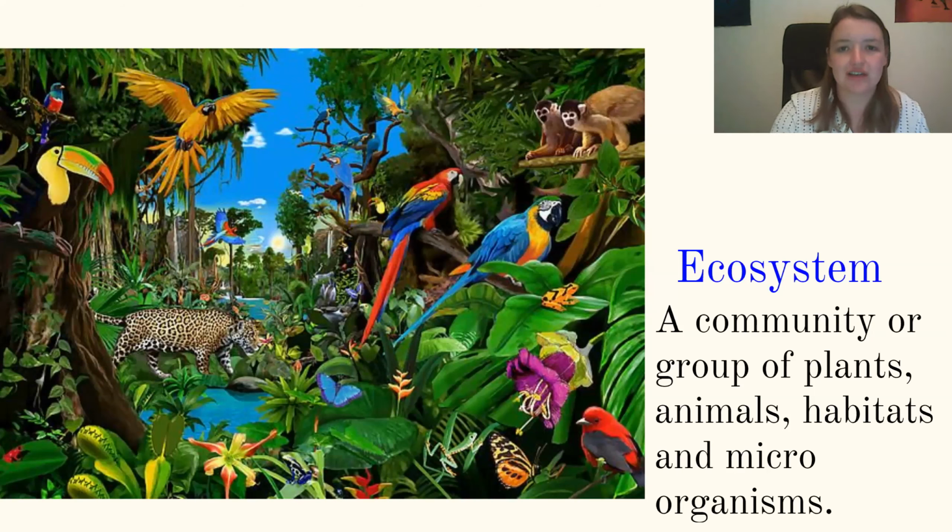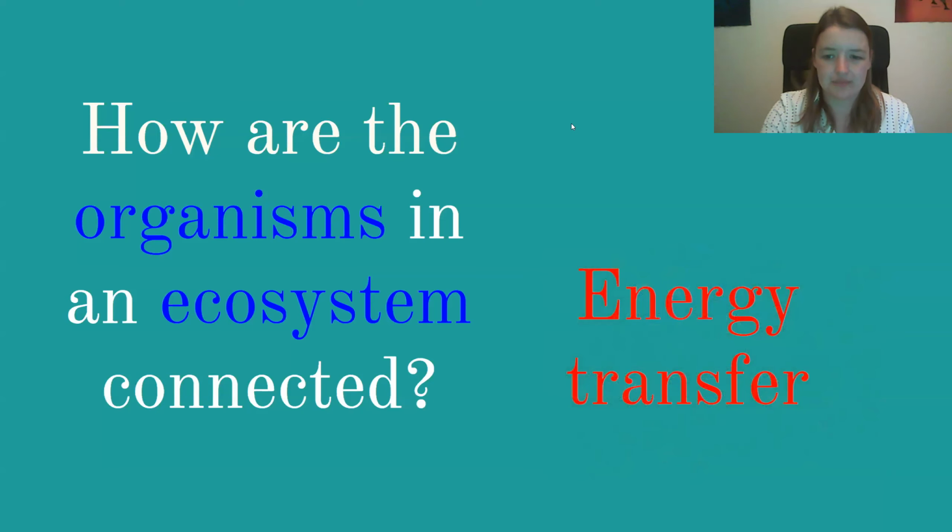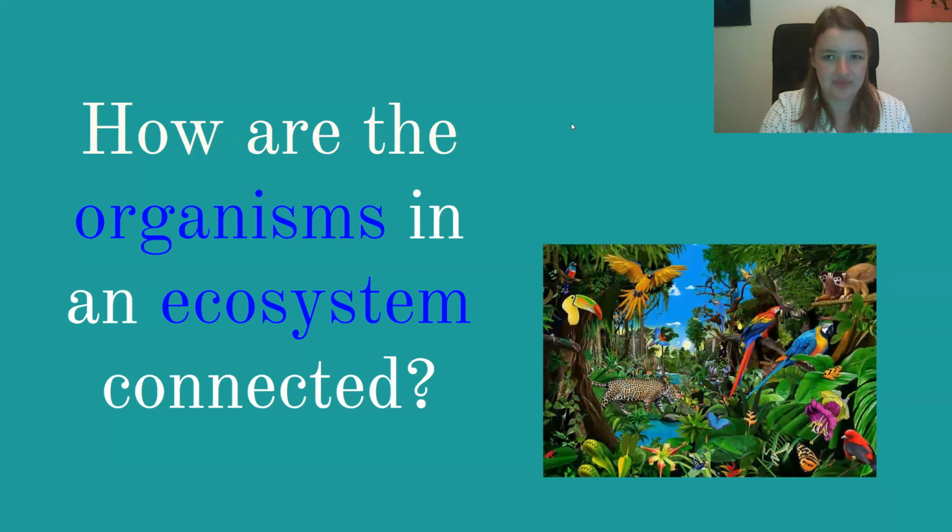So how do scientists, biologists who study the world around them, show this more complex energy transfer? Well, they start to think about the organisms and how they're connected in a little bit more detail. They still start with the producer. The producer is the one that's first making the energy.